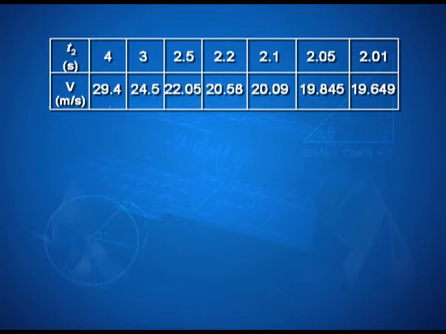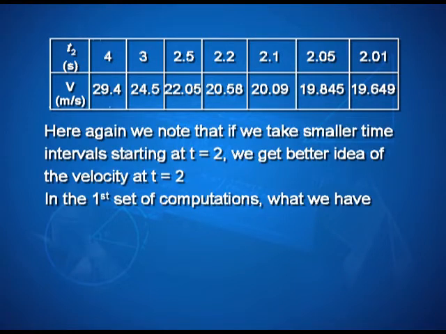For 2.1, it is 20.09 meters per second, and as it is approaching 2, it becomes 2.01, 19.649 meters per second. Here again we note that if we take smaller time intervals starting at t equal to 2, we get a better idea of the velocity at t equal to 2.